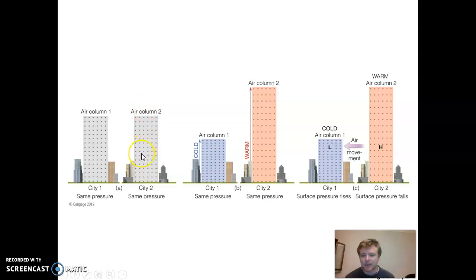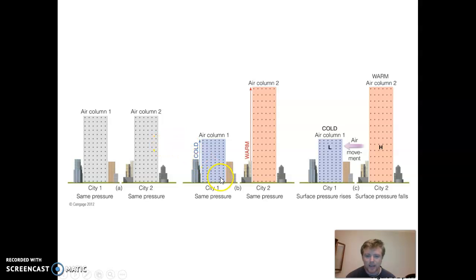They're next to each other, but they're not necessarily completely in the same environment. Now, if they have the same temperature and pressure to start with, then we wouldn't expect any kind of flow of air because there's no difference in pressure, right? The difference in pressure is going to be a driving force of creating our winds.